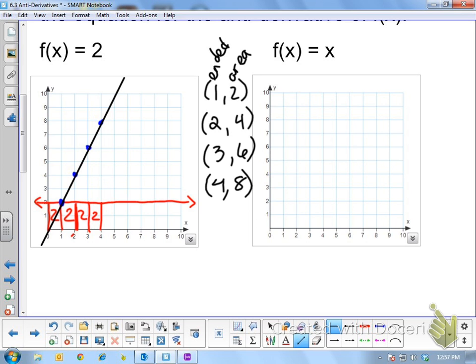Specifically, what would the equation of this line be? We could use any 2 points to find the equation. Or, if we know the y-intercept and we know the slope, we can just write the equation that way. What would the equation of this line be? y equals 2x.